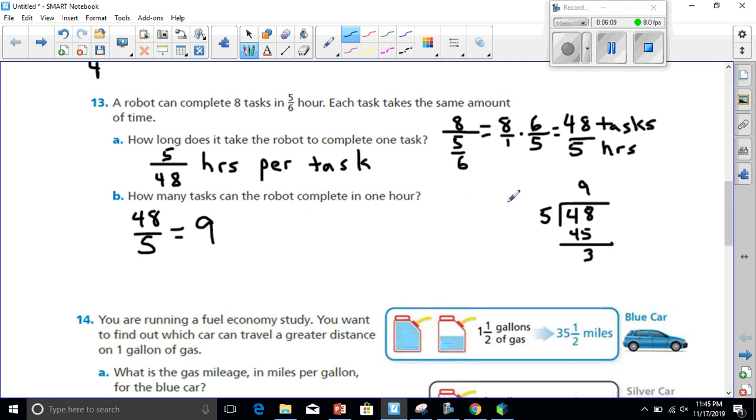Really just 9 tasks. I mean, 48 over 5 would be the fraction, but 9 and 3/5 tasks per hour.